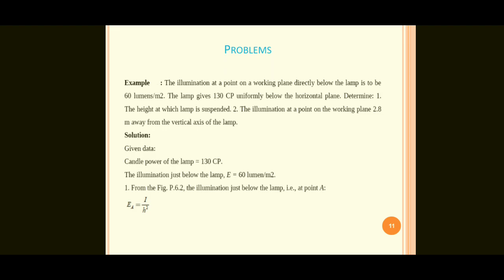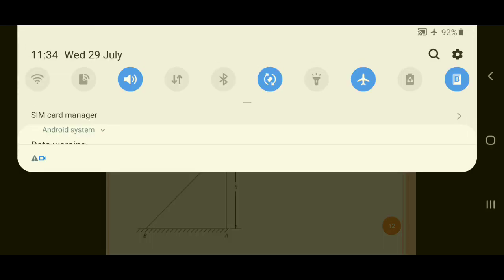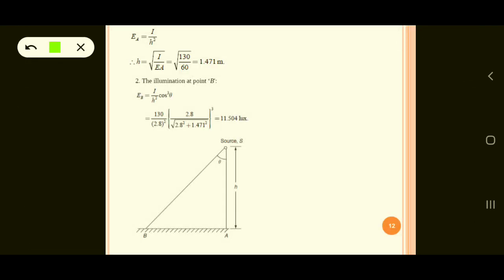So the illumination just below the lamp, at point A, means E_A is equal to I by H square. So H equals under root I by E_A, because we know the illumination just below the lamp.